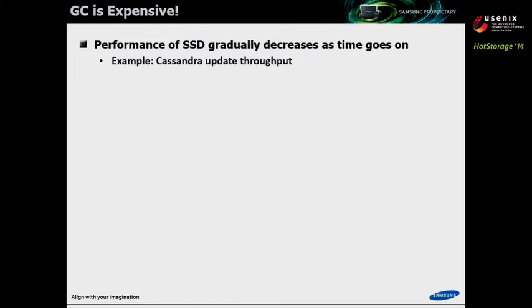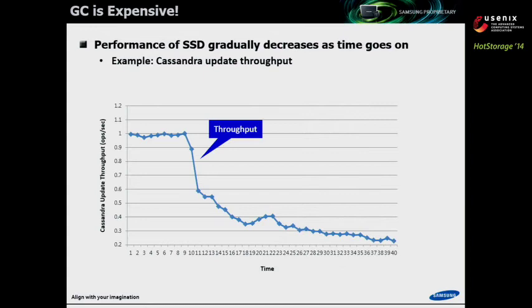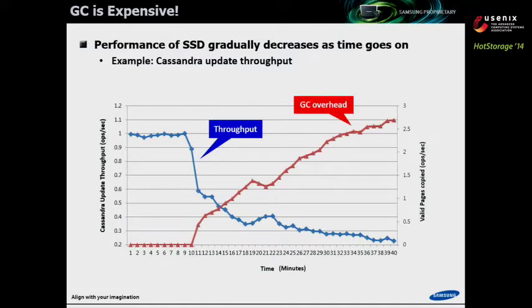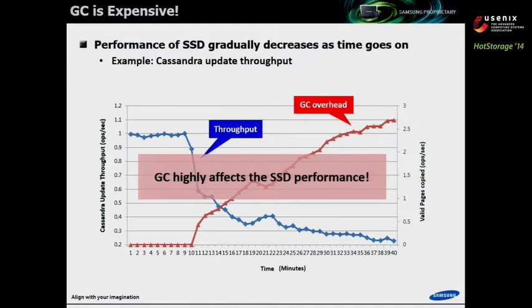As an example, I will show you the Cassandra update throughput in the SSD system. As you can see, the performance of the SSD gradually decreases as time goes on. The main reason for the performance degradation is the increasing GC overhead. So GC highly affects the SSD performance.